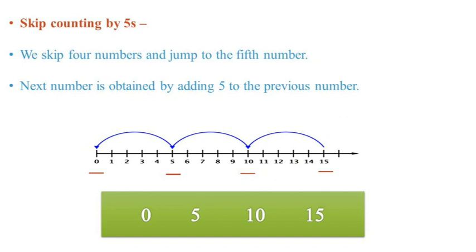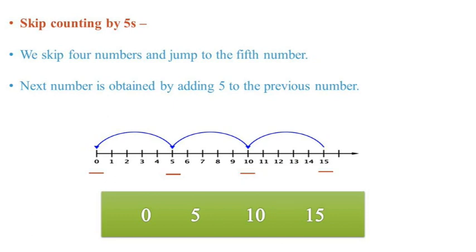Again we have to skip 4 numbers which are 6, 7, 8, 9. Then the arrow will jump to the next number, 10. Similarly we skip 11, 12, 13, 14, and the arrow will jump to the number 15. So what numbers do we get? 0, 5, 10 and 15.